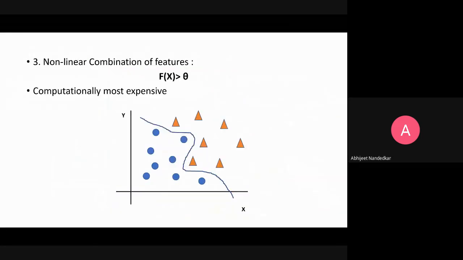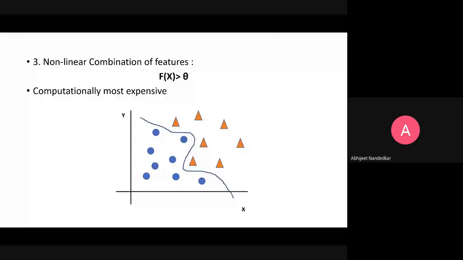Now the third way, the most generalized way, is called non-linear combination. That means if this is the spread of your data on the xy plane, then a straight line is not sufficient to classify all the samples correctly.